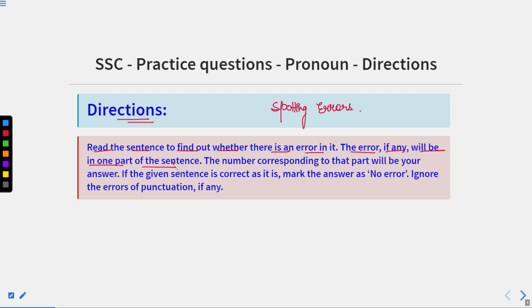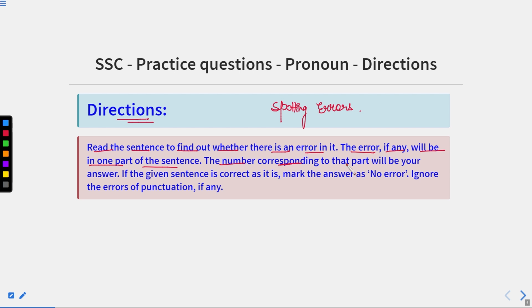Now as you can see, the entire sentence is divided into several parts. There is only one part that can contain a grammatical error. Not all the parts will contain it; it is only in one part of the sentence. You cannot find it in more than one part of the sentence.